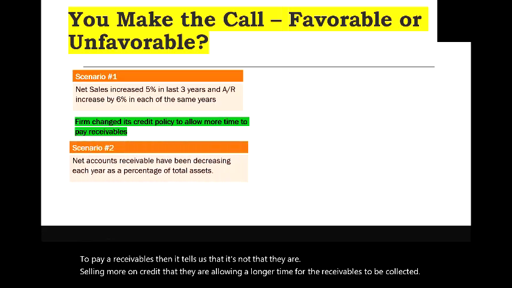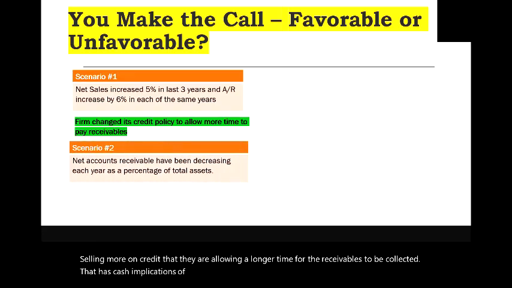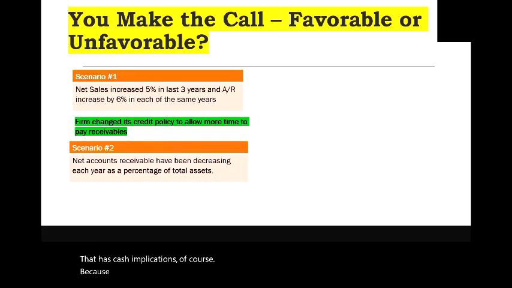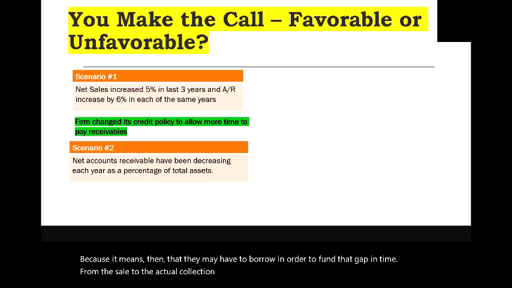That has cash implications, of course, because it means then that they may have to borrow in order to fund that gap in time from the sale to the actual collection of those receivables.